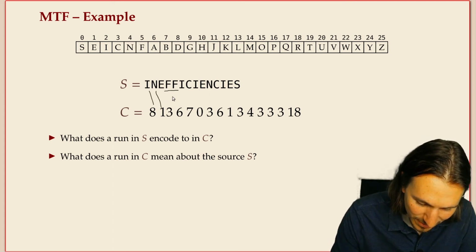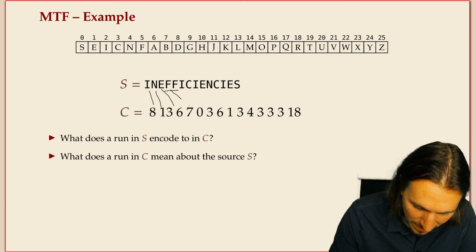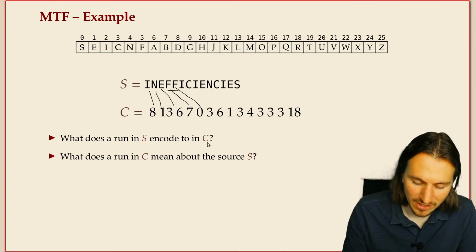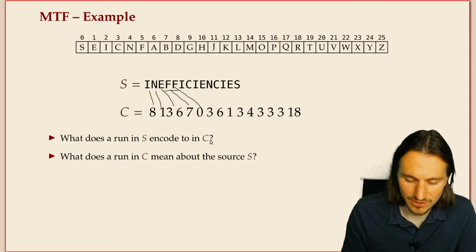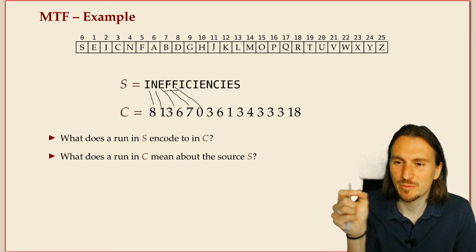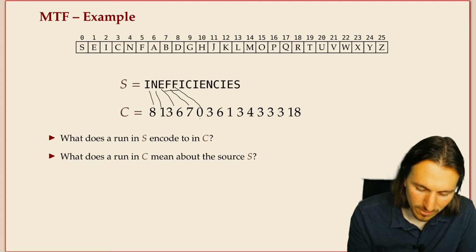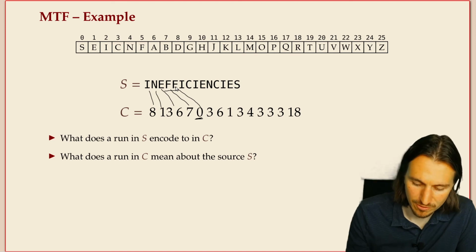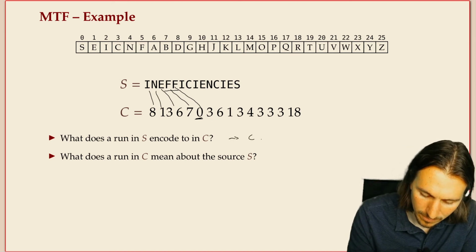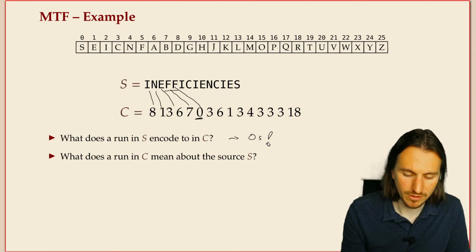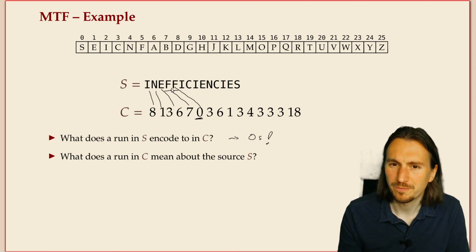The first question is really: a run of characters in the source text means after the first character from the run, we have that character at position 0. So all remaining characters from the run will be represented by zeros. So we find zeros in the coded text whenever there were repeated characters.